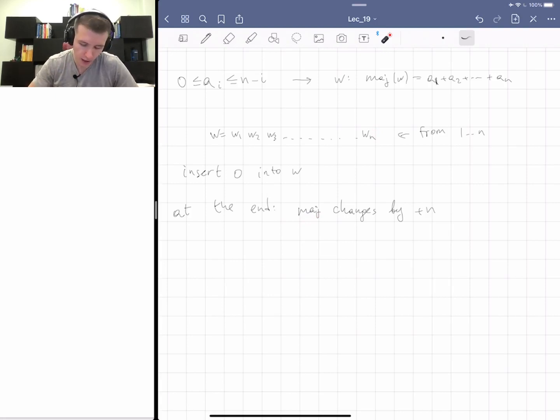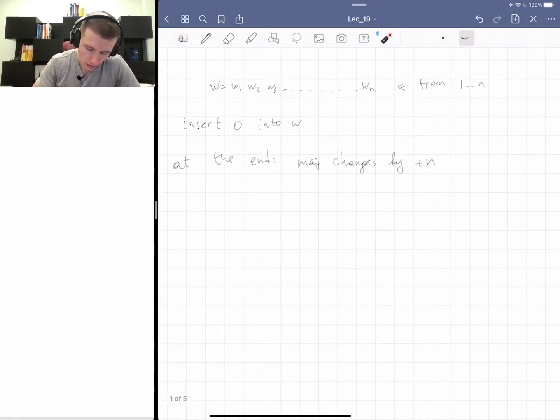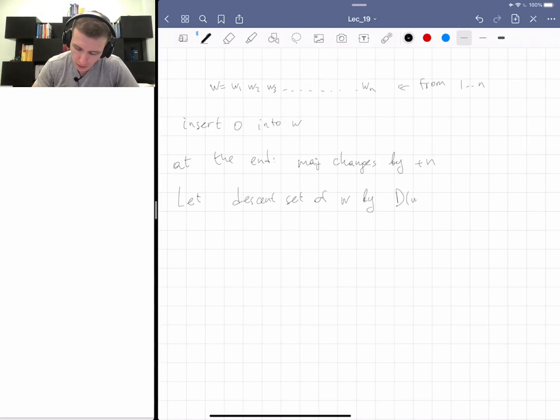And now let's see what happens. So let me denote the descent set of w by d(w), let's say d_1 less than d_2, etc., less than d_k. So these are the positions where the descents occur inside w.